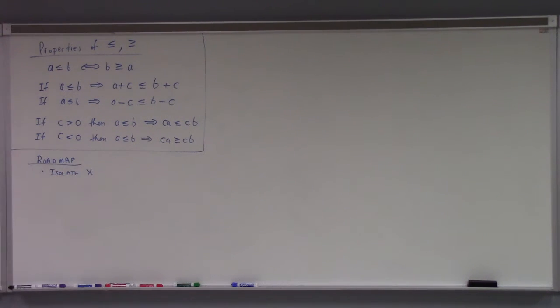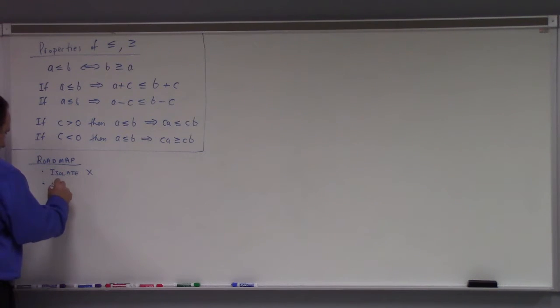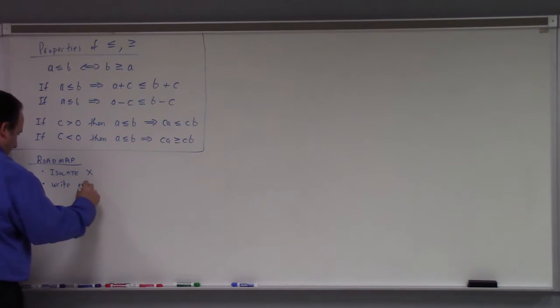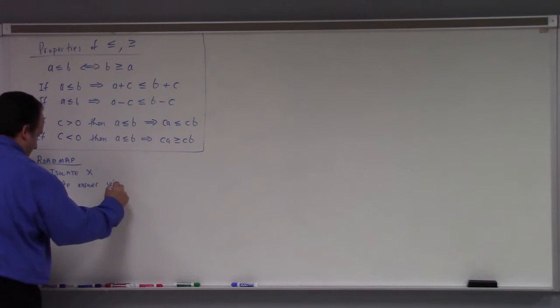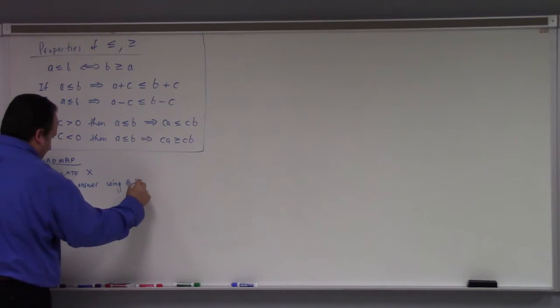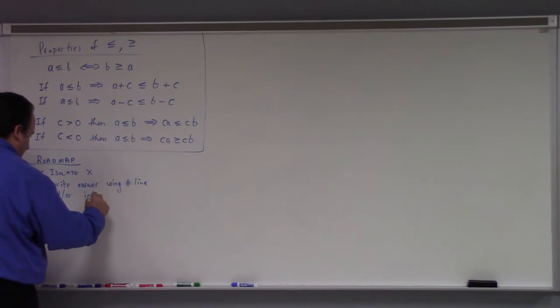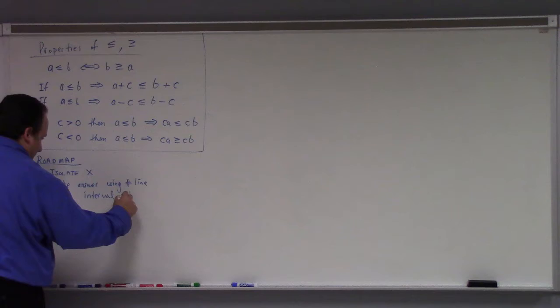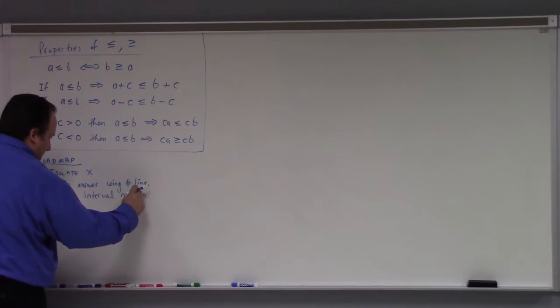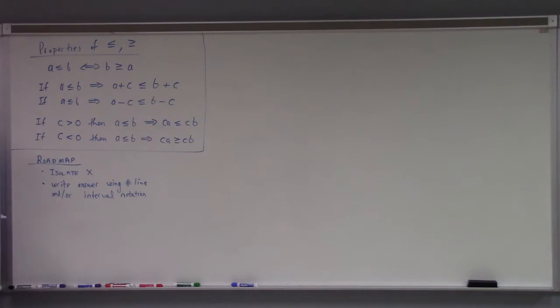You want to isolate x. If we can do that, that will probably show us what the solution should be, right? So you want to isolate x, and then you want to write the answer using a number line and or interval notation as appropriate. What's appropriate? Well, that depends on the question, right? Some questions ask you for a number line, other questions ask you for interval notation.